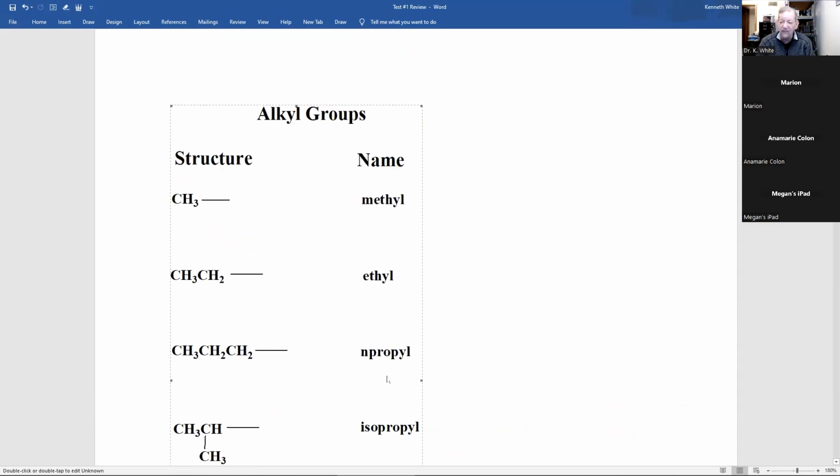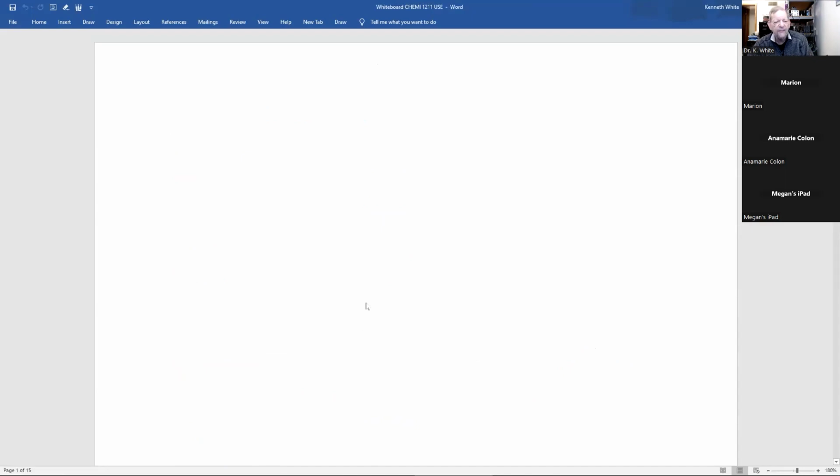Now, important tip, since you took the time to come here: rings, we don't show carbons. Every bend in a line is a carbon. So this has 1, 2, 3, 4, 5 carbons. If it was an alkane, it would be pentane. But it's a ring, so we use the prefix, cyclopentane.